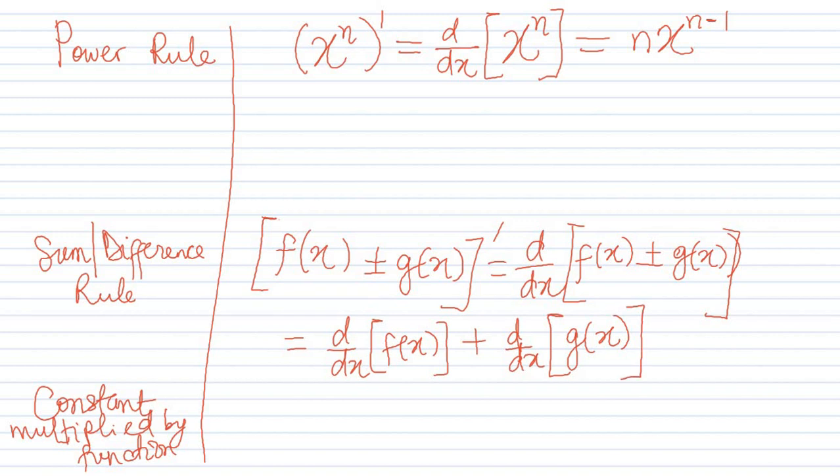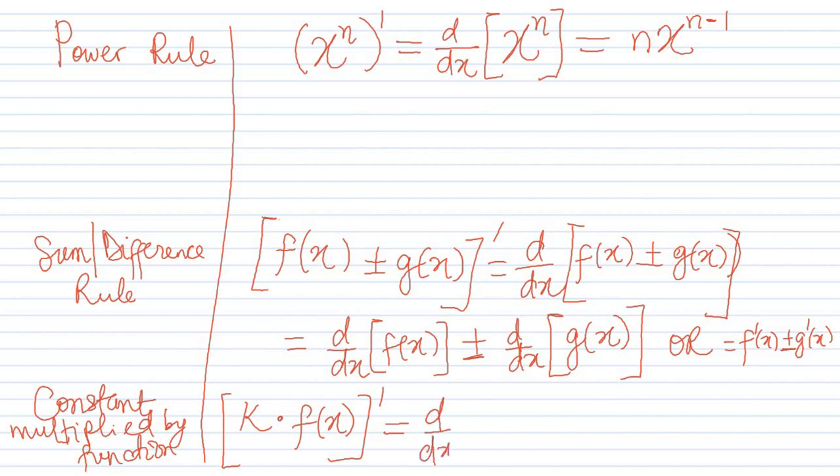And then here, I'm using prime. I'm going to explain what's going on. It's the same thing here, right? In this case, you can also write it as f prime of x plus or minus g prime of x. I don't know why I keep forgetting the minus. So that's that one. Same thing here when you have k multiplied by f of x and its prime, same thing as d over dx of k multiplied by f of x.